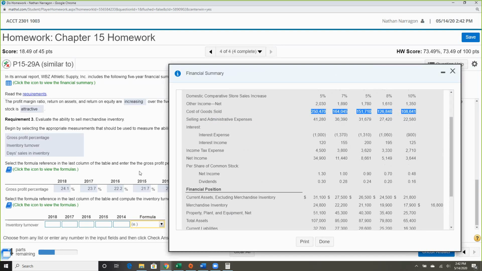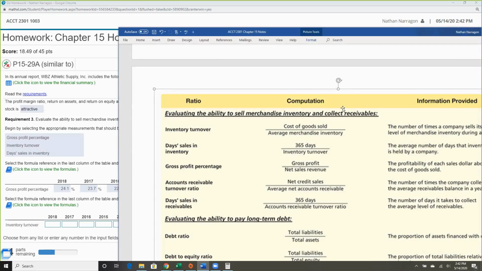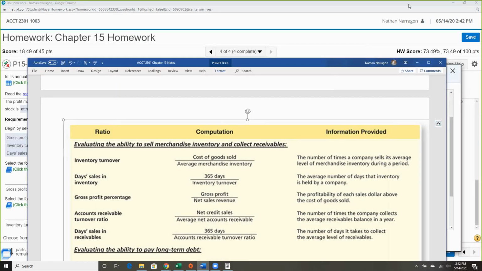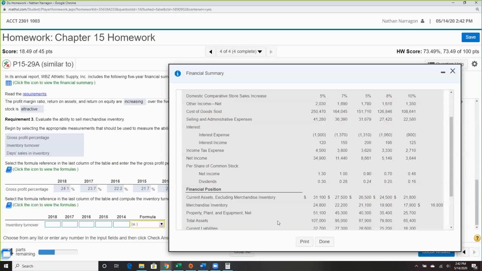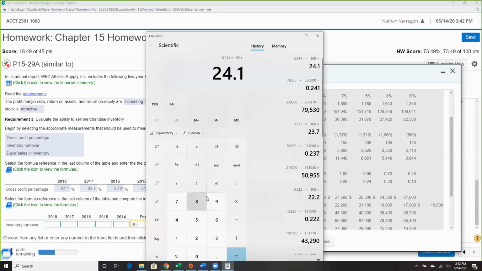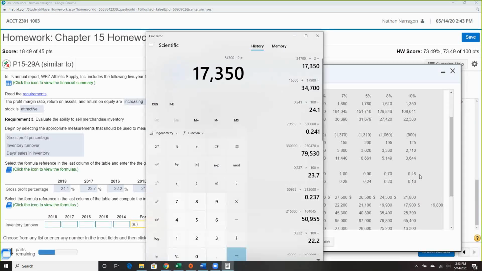So again, cost of goods sold divided by the average. So let's find the average of our inventory. For 2014, that's taking 2013 plus what we had in 2014, divide by 2. There's our average. Then we take the cost of goods sold number, 108,641, divide by that average.